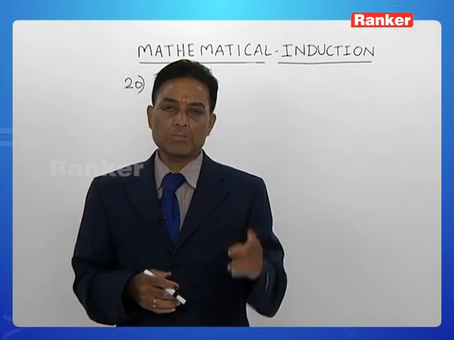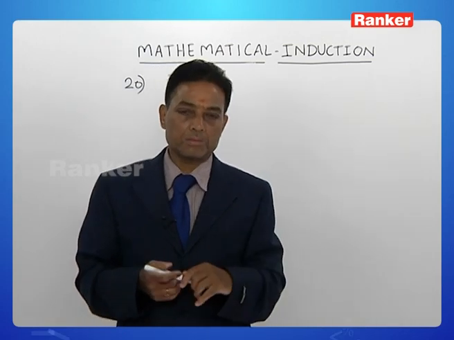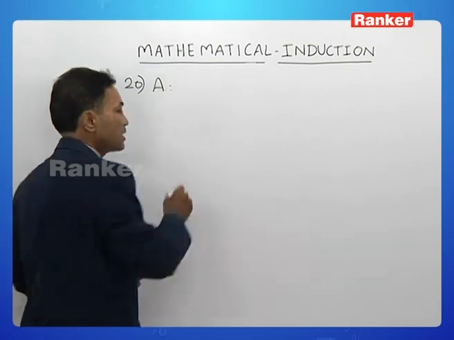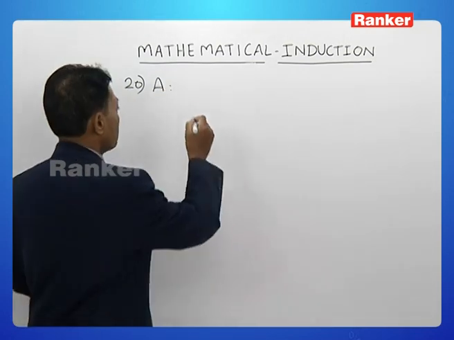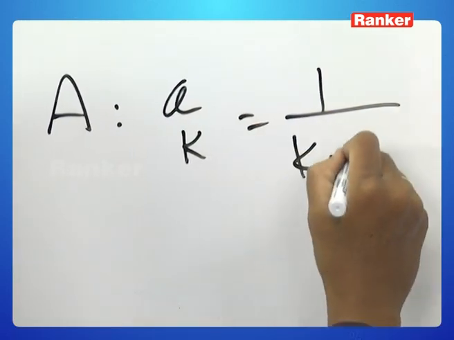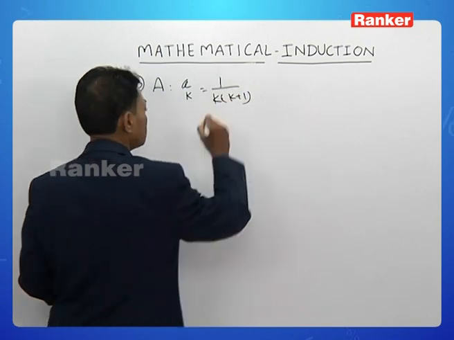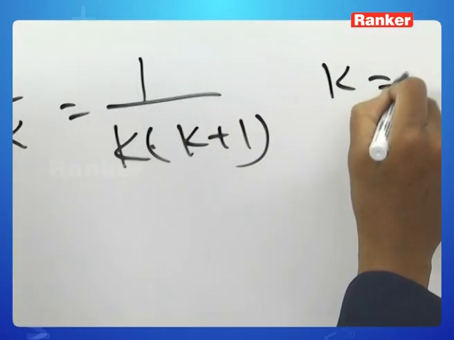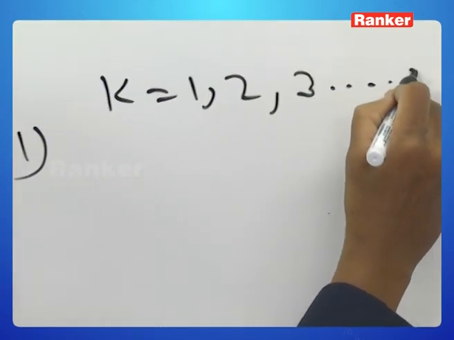Let us see question number 20, the right answer, the right option. First one, assertion, we denote with A. Statement 1: a_k is equal to 1 by k into (k plus 1), of course k is equal to 1, 2, 3, up to n, all natural numbers given.